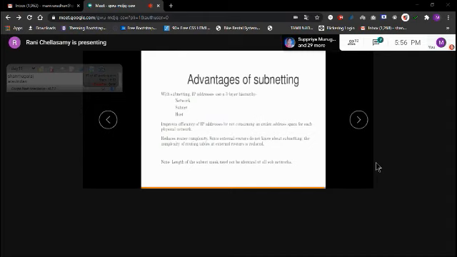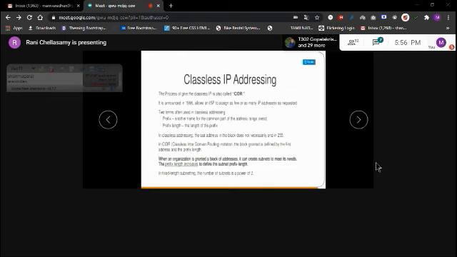In classless addressing, the last address in the block does not necessarily end in 255, whereas classful addresses end in 0 to 255. In CIDR notation, the block is defined by the first address and the prefix length.